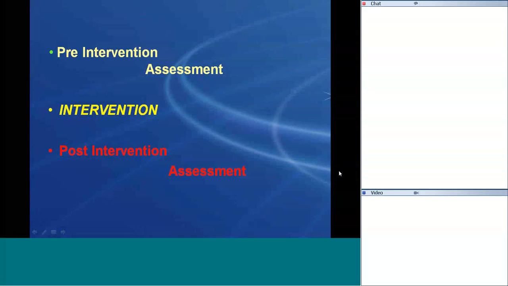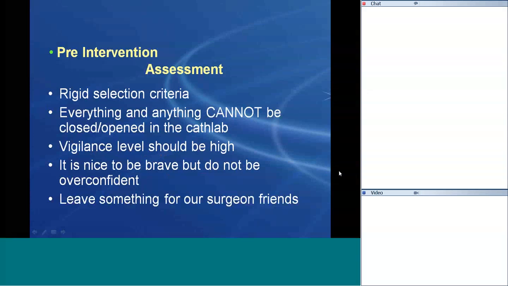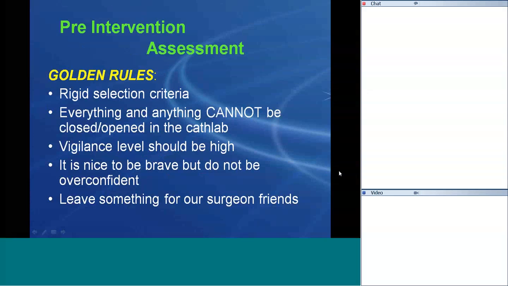All 3 parts are equally important and should be given equal importance as the intervention itself. So I'll deal with the topic in these 3 subsets.